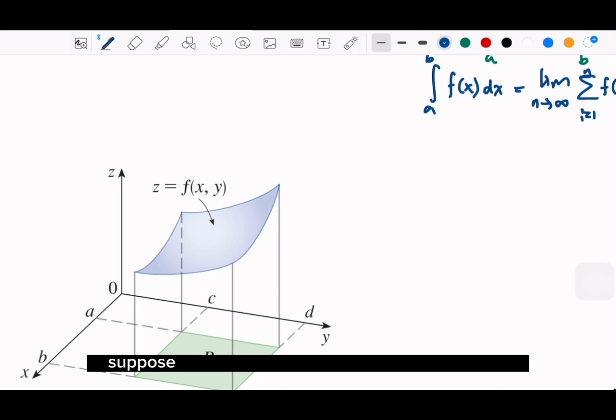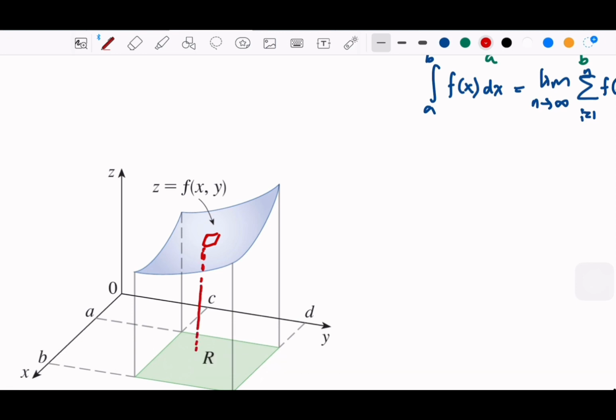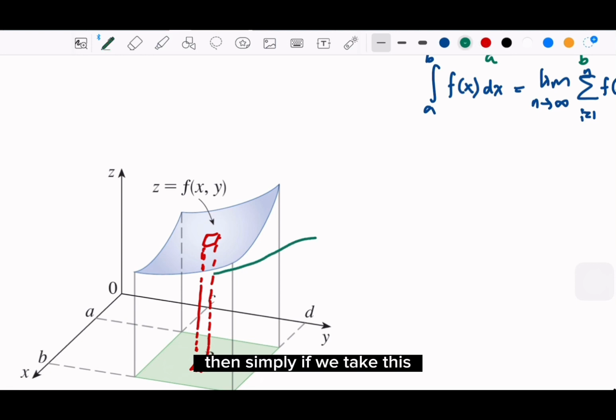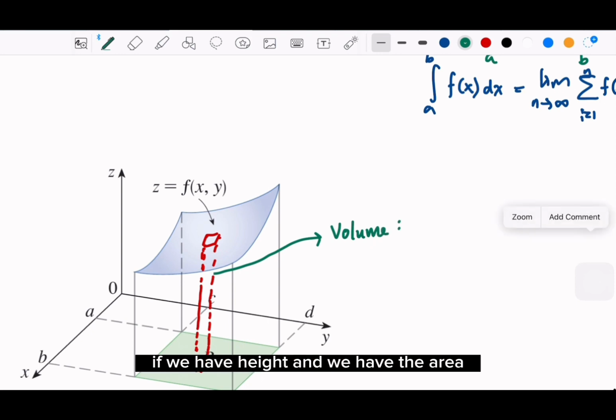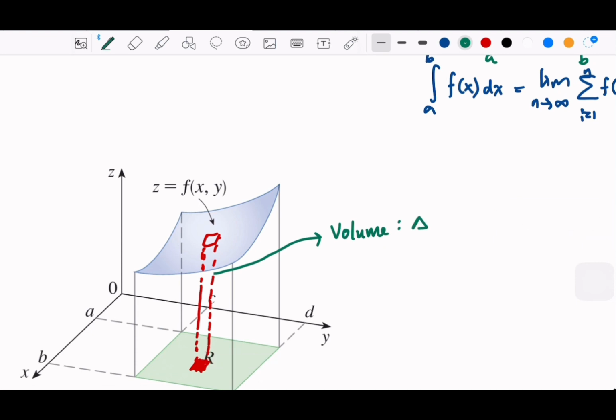Then we could select any points on this surface, and suppose that we are going to compute the volume. Okay, suppose that we are going to compute the volume, for example, maybe here. So we need to project it through the region below, and perhaps that is our R. Then simply, if we compute the volume, if we have height and we have the area, then this is going to be area multiplied by height.